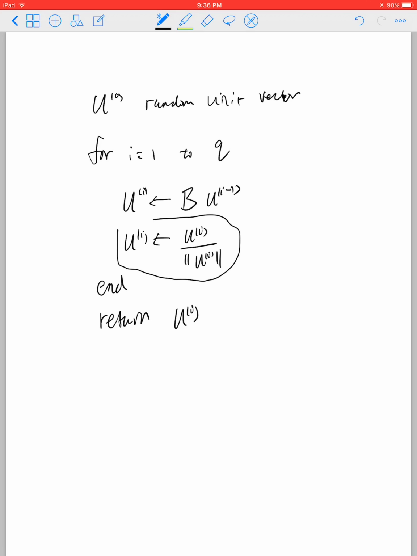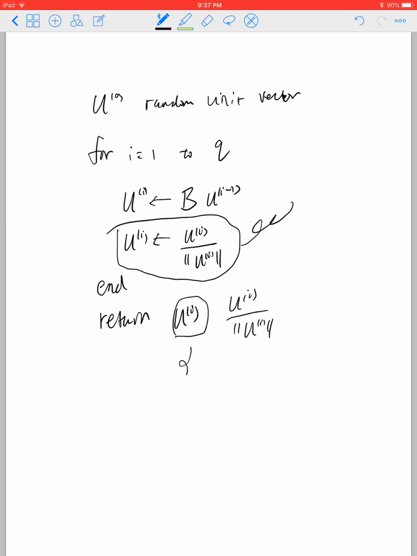So let me add one more page. Basically, if you want to calculate a pair of eigenvector and eigenvalue where the eigenvalue is the largest eigenvalue, you can use the following simple iterative procedure.